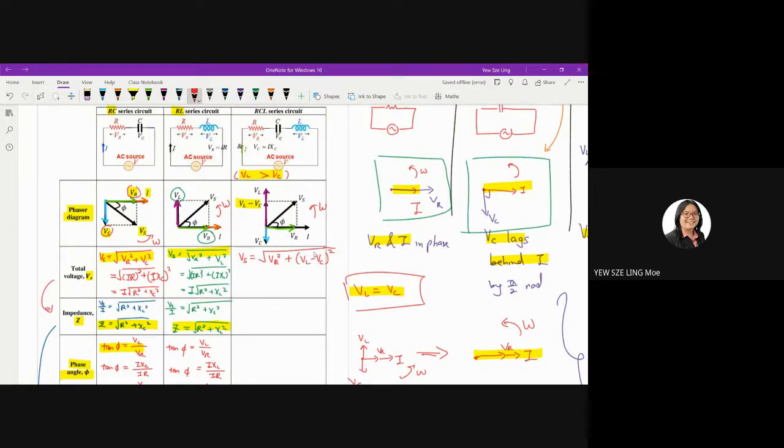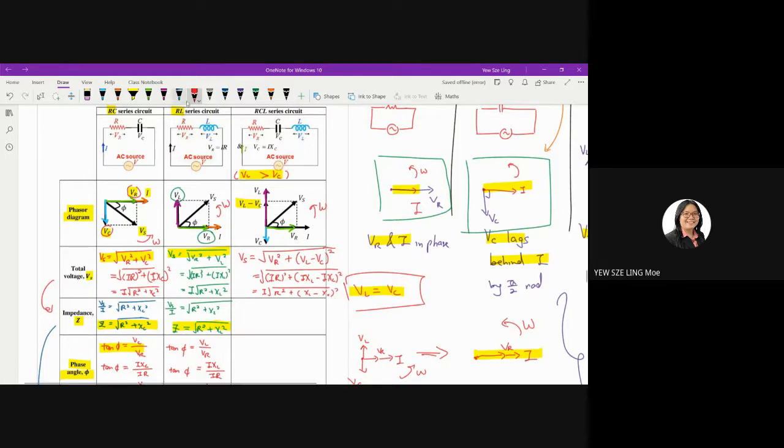All right, so when it comes to writing down the equation, it doesn't matter whether you use VL minus VC or VC minus VL. After you square it, you will get the same value. So it is equals to square root of IR squared plus IXL minus IXC squared. So it is equals to I, and then the square root of R squared plus XL minus XC squared.